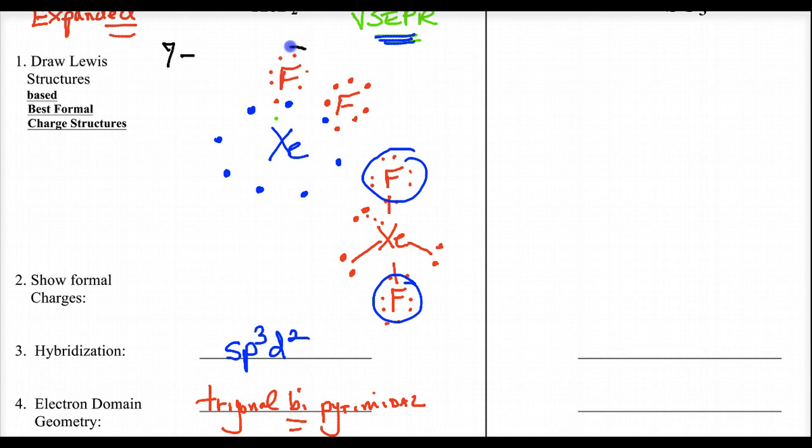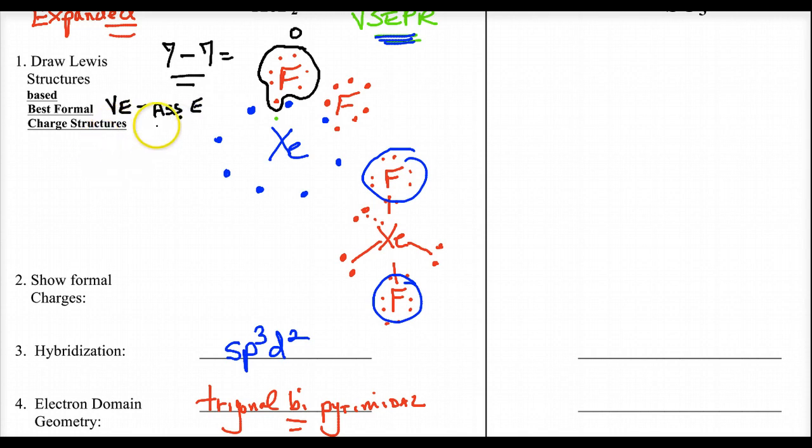If you look with me, all the lone pairs are assigned, and of course, half the bonding. So fluorine has 7 valence electrons, and 1, 2, 3, 4, 5, 6, 7 electrons assigned to it, so the formal charge for this is 0. Formal charge is the valence electrons minus the assigned electrons.